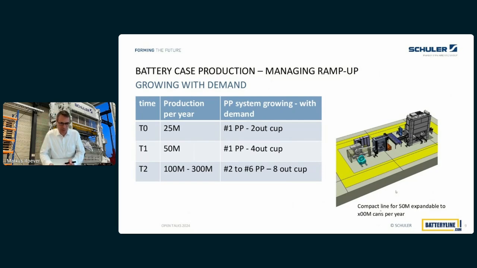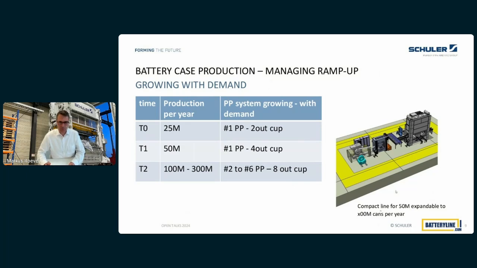And it's clear, the concept is to reduce the investment at the beginning, but not to have an investment where you can just add on single machinery, because then you would have the situation when you come to the point where you have to produce 300 million, you have maybe 20 machines standing there, and then you need these operators, you need the footprint.